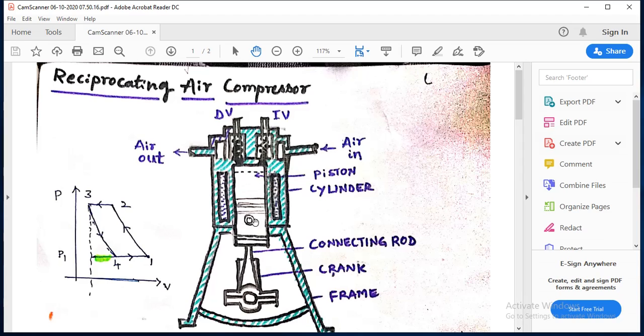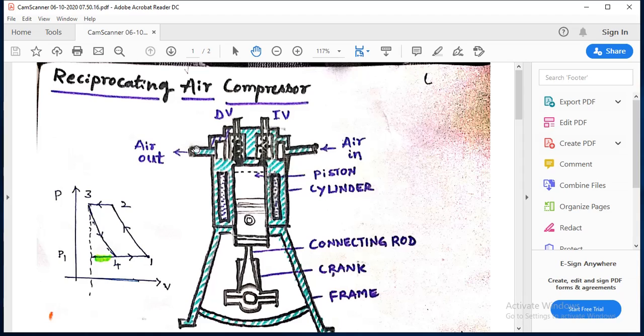To complete one cycle, the piston travels two strokes, that is downward stroke and the upward stroke. The downward stroke is purely suction stroke, and in the upward stroke both compression as well as delivery take place. So for one cycle, the piston travels two strokes and the crank rotates one revolution.